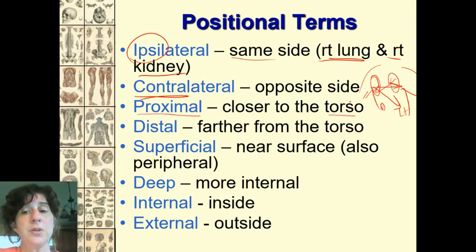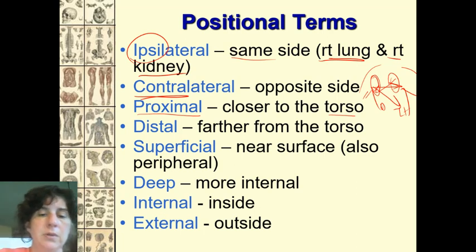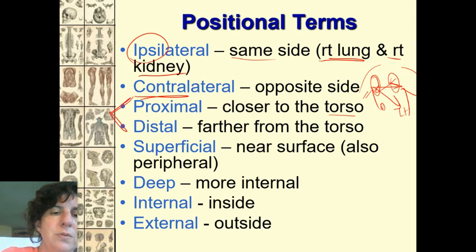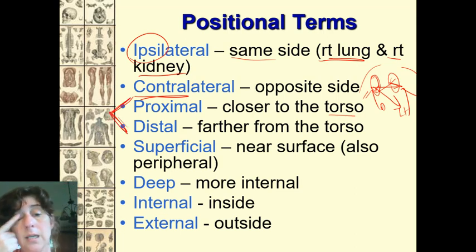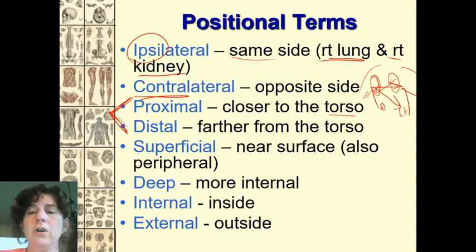Proximal means closer to the torso. This is confusing, all right? These two terms right here refer to your appendages. So your arms and your legs, okay?